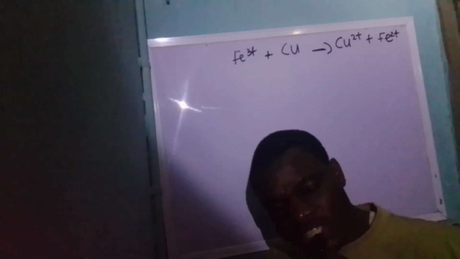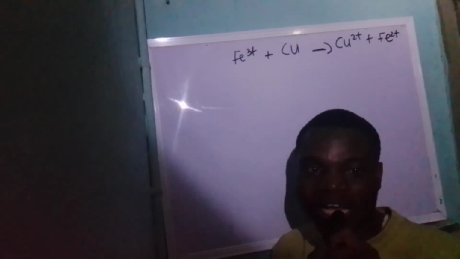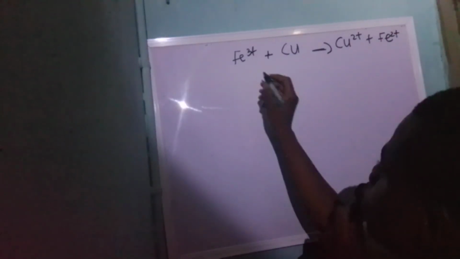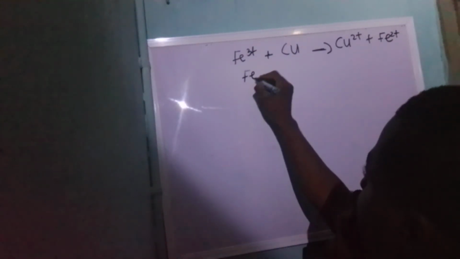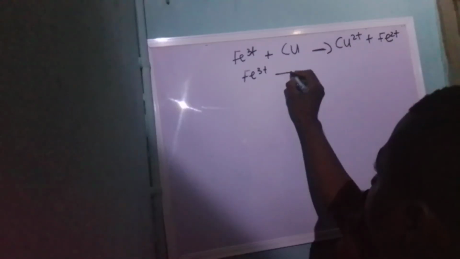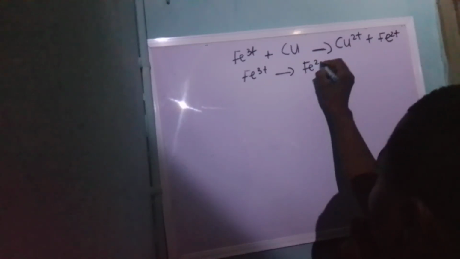So what are the things we are going to do? Don't forget that we are going to indicate oxidation and reduction. That's the first thing you are going to do. So I have Fe3+ to Fe2+.